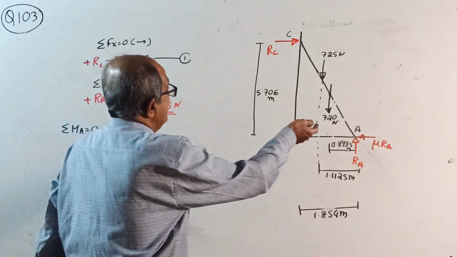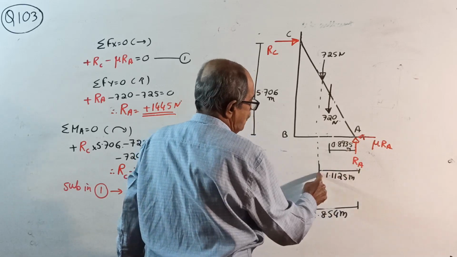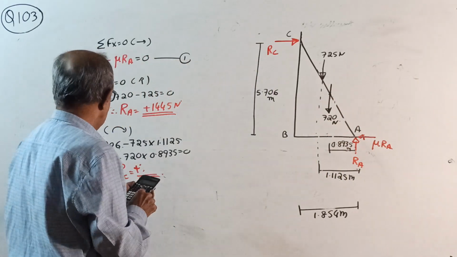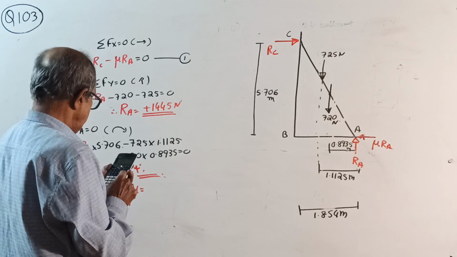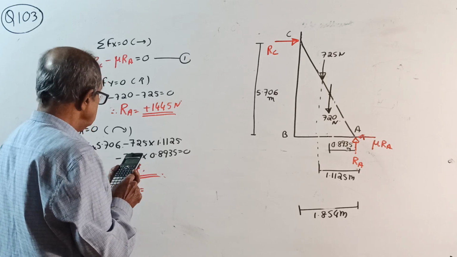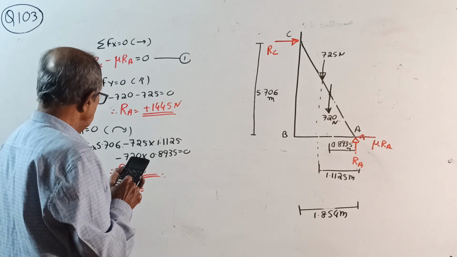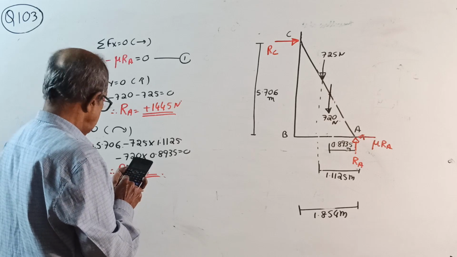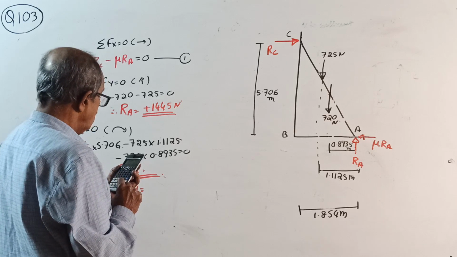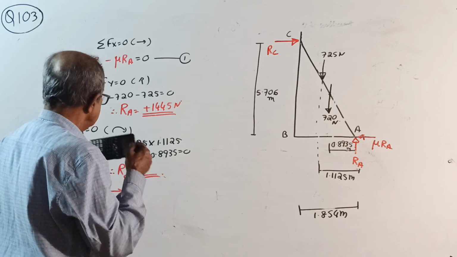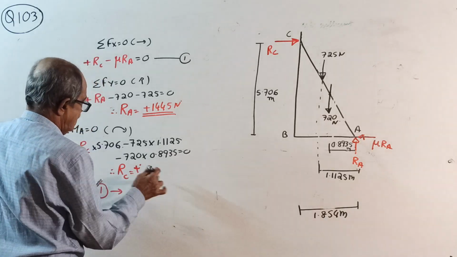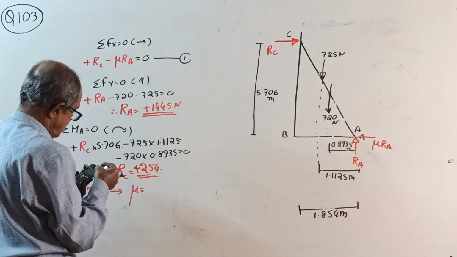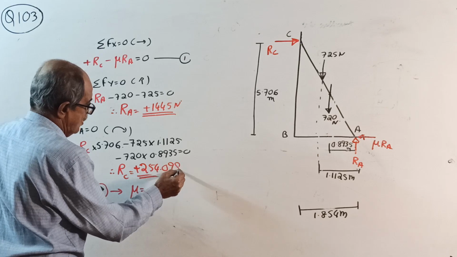Minus 725 into 1.1125 minus 720 into 0.8935 equal to 0. You get the value of RC: 725 into 1.1125 plus 720 into 0.8935, divided by 5.706, which is 254.098 Newton.